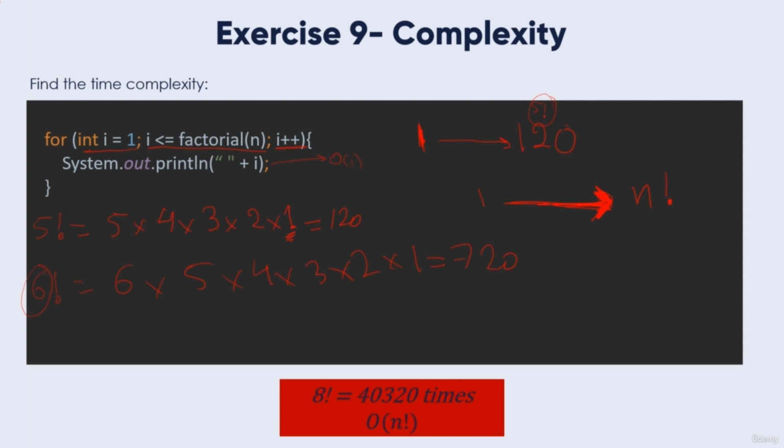This is n equal to 8. What about n equal to 100, or 1,000, or 1 million? This will result in very big numbers, and this causes this to be a bad algorithm.